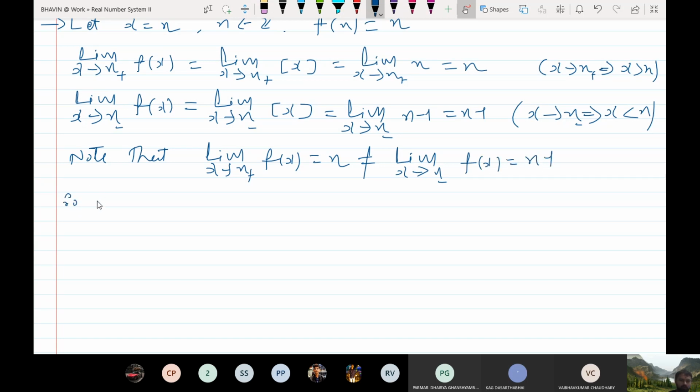Therefore, tell me the type of discontinuity. F is discontinuous. Yes. First type and jump.